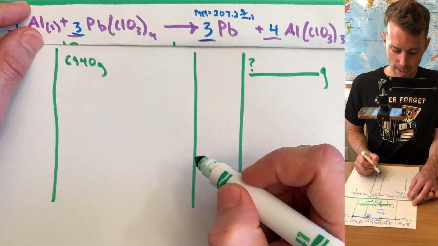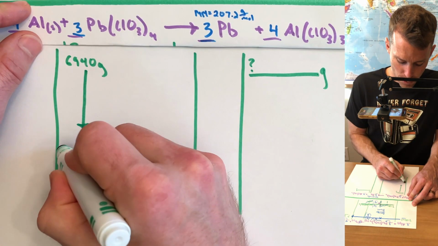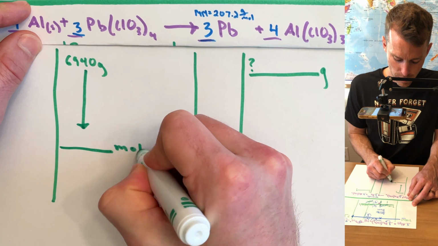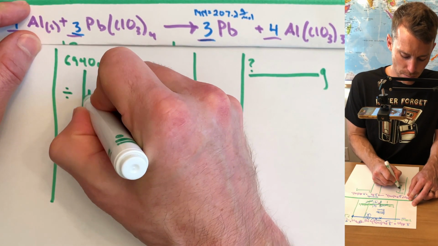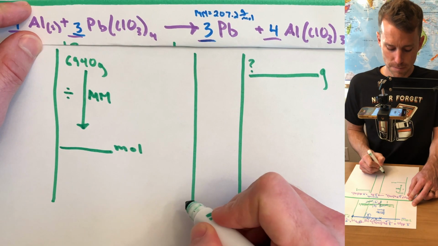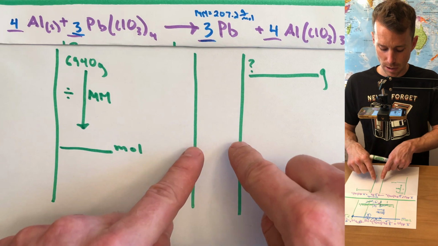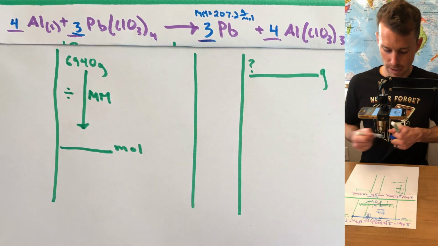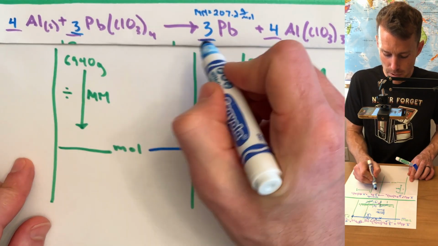So conceptually, what are we going to do here? And then we'll figure out how to do this. I'm going to take grams into moles. How will I do that? I will divide by the molar mass. Then I'm going to make the great journey across the lines. Whenever I do that, I use my balancing numbers.